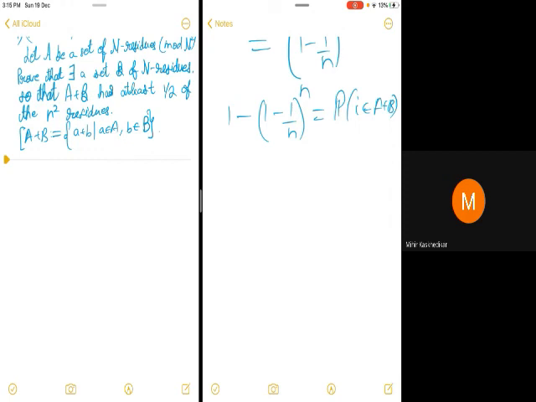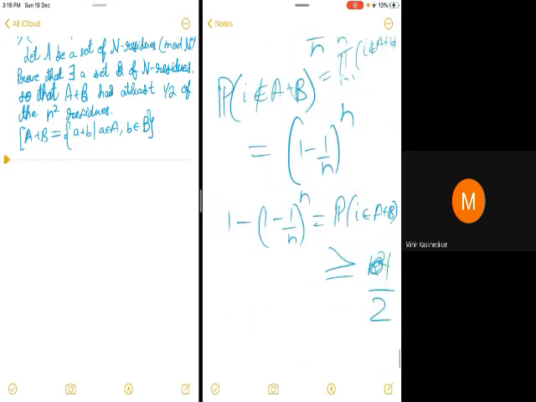We need to prove that this is greater equal half, because then we can calculate the cardinality of such a set to be n square by 2, right?